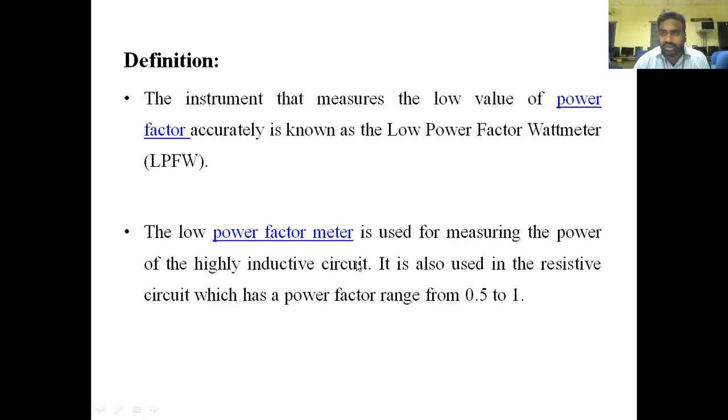So how can we define an LPF and UPF wattmeter? The UPF wattmeter measures power in a highly resistive circuit, but the LPF wattmeter measures low values of power factor even in highly inductive circuits. It is used for a power factor range of 0.5 to 1.